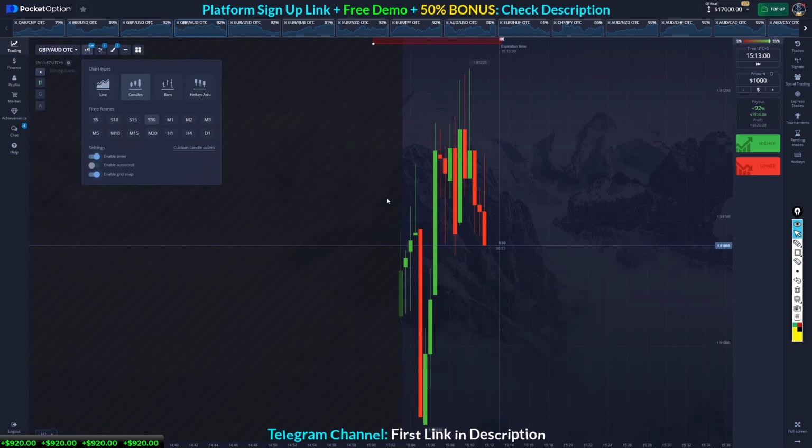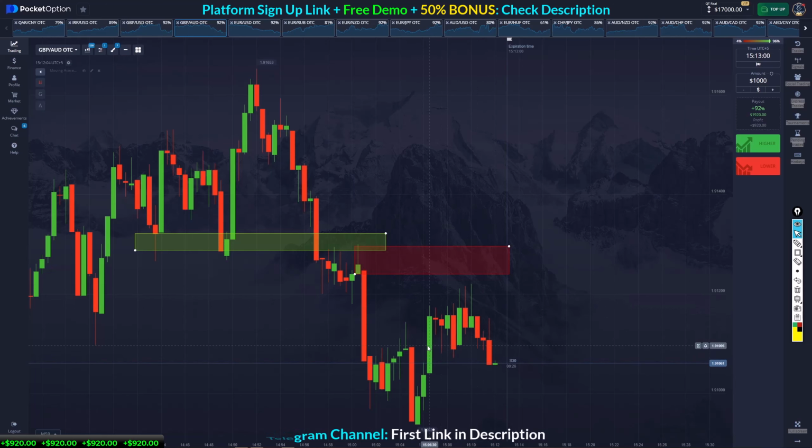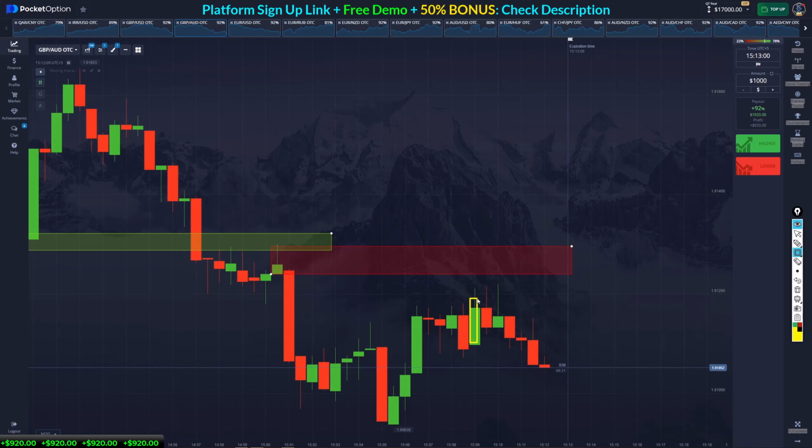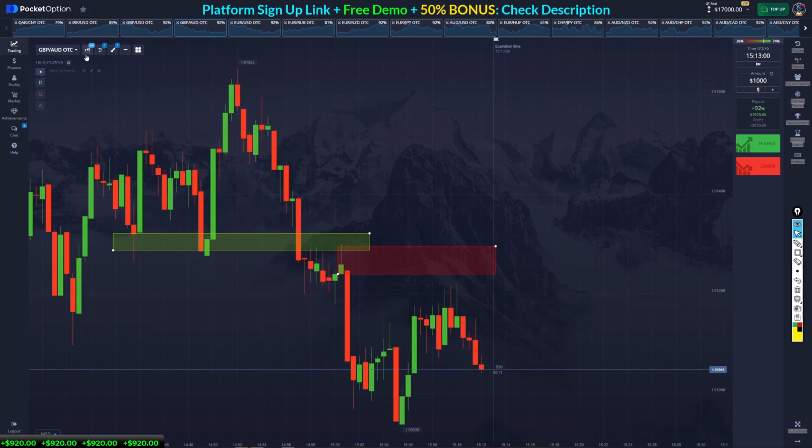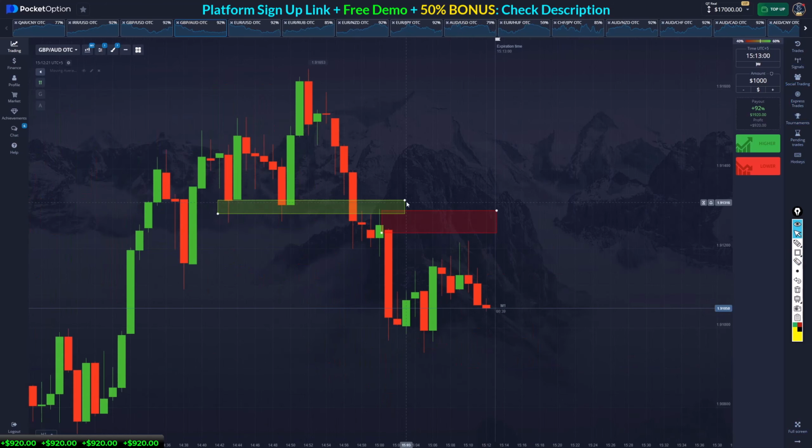It might work, it might not work. Okay, we don't care. But if it comes up, I will not take this trade. But if this one was coming up, it would be a takeable trade. It would work 100%. This one as well. This one as well. If it was coming up, it would be nice. But now, I'm not going to take it.